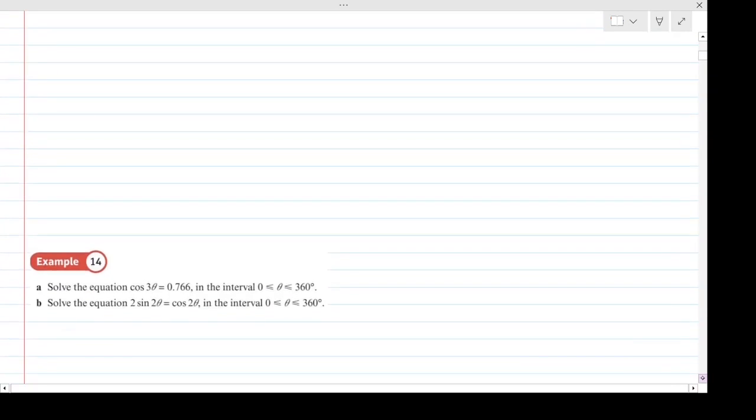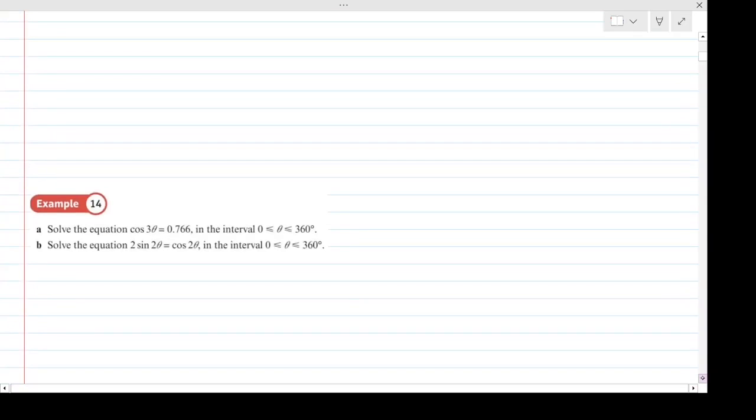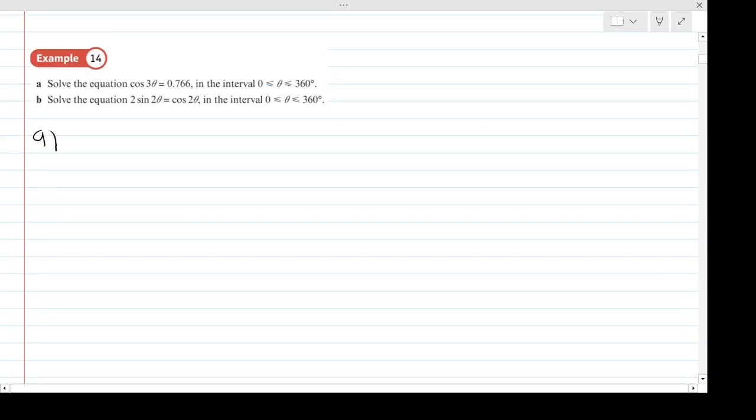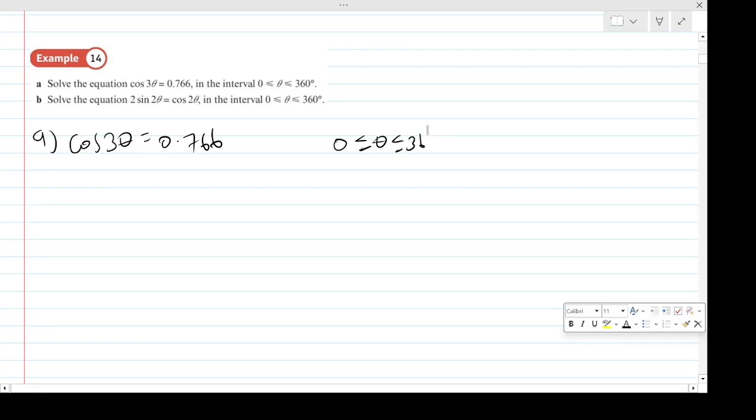In this example, first of all, we need to solve the equation cos of 3 theta is 0.766 in the interval 0 to 360 for theta. Again, I did emphasize last video that you need to pay attention to the interval. In this video it's going to be even more important that you pay attention to this.